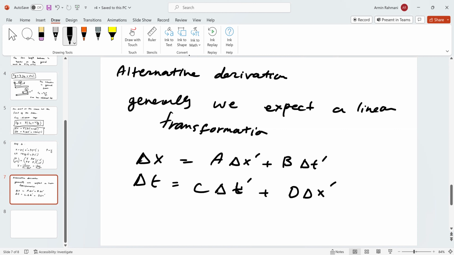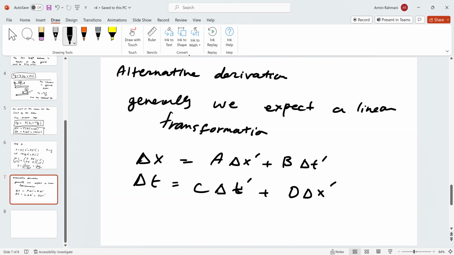If an object is moving at constant velocity in the S prime frame, so delta x prime is some velocity times delta t prime, we expect that object, which can itself form an inertial frame, to be moving at constant velocity also in S. So delta x over delta t must also be a constant.